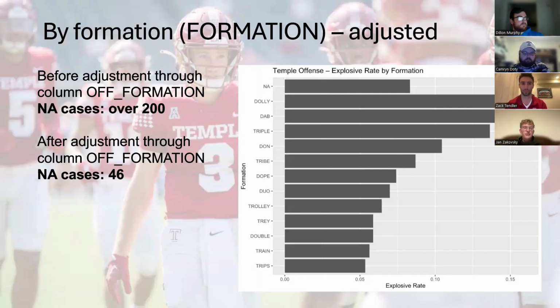So through a different field of formation, we managed to connect the exact same formations that weren't filled out and lower the empty cases to 46, which also changed outcomes significantly for some of the formations like tribe, because only twice was tribe filled out in the formation field, but actually it was run many more times, which showed a more accurate rate for the formation.